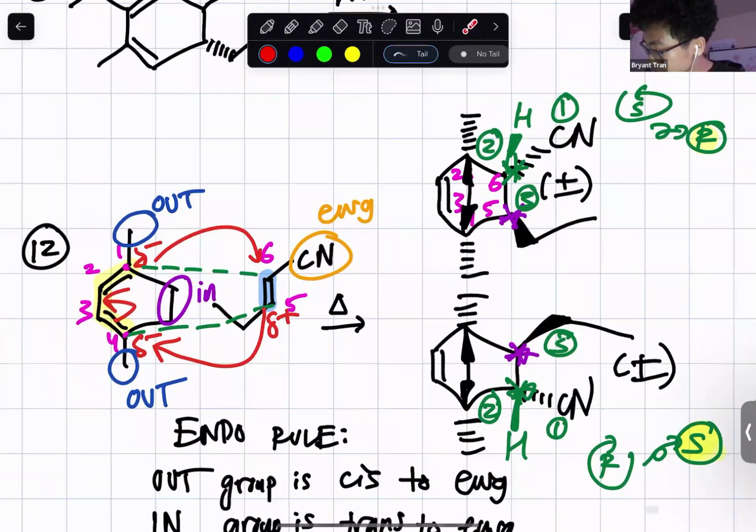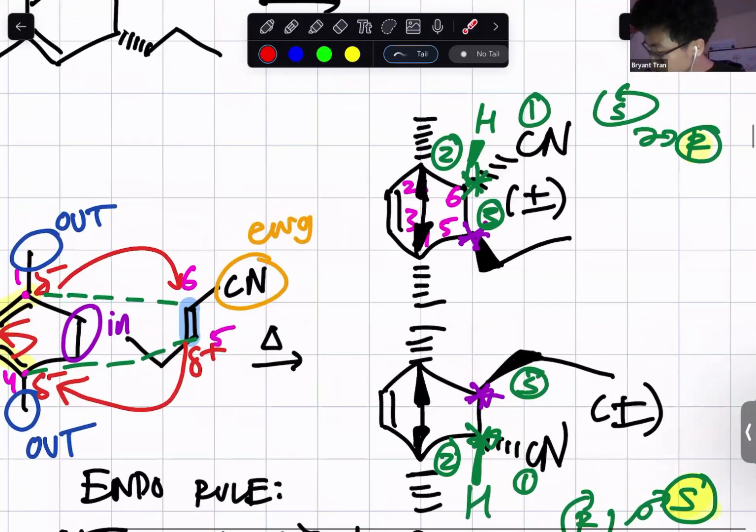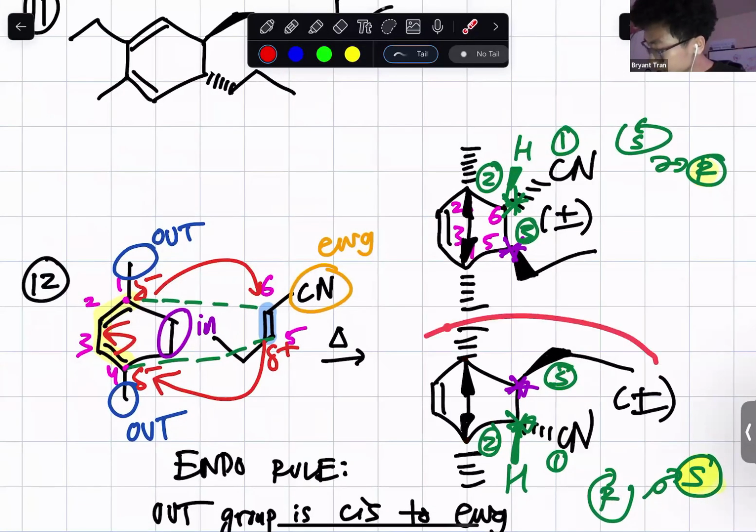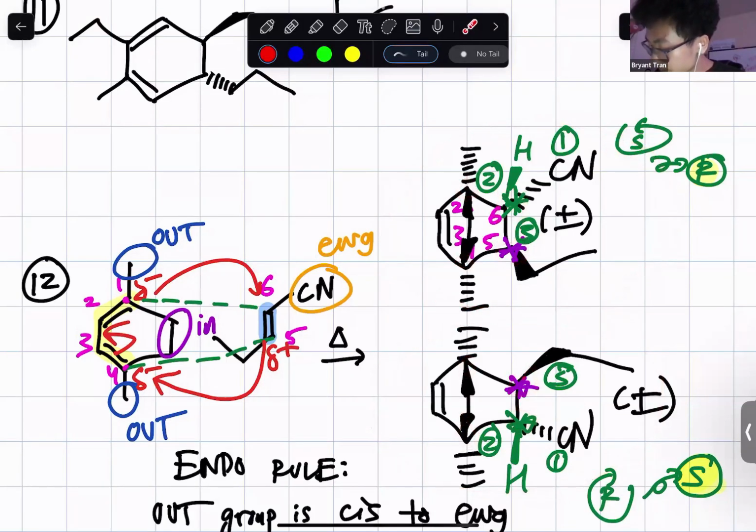Wait, hold on, let me see. So this is wedge, dash. Yeah, wedge. Yeah, so these are diastereomers of each other because you would see that these chiral centers are the same, whereas these chiral centers are flipped, making them diastereomers of each other.